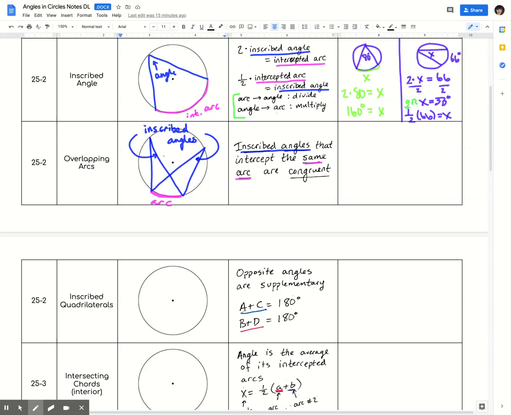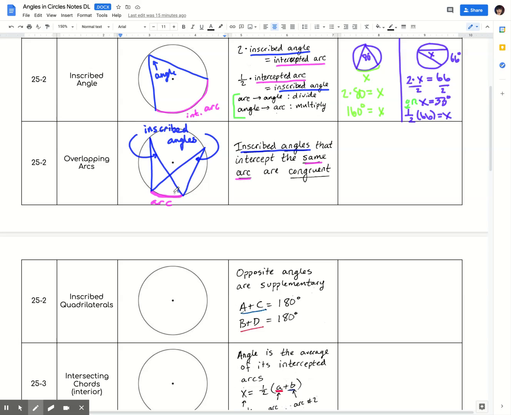Otherwise, if you have one flashlight that's stronger than another, then it would shine on a bigger area, right? But we have to keep in mind that the rules for inscribed angles still apply.